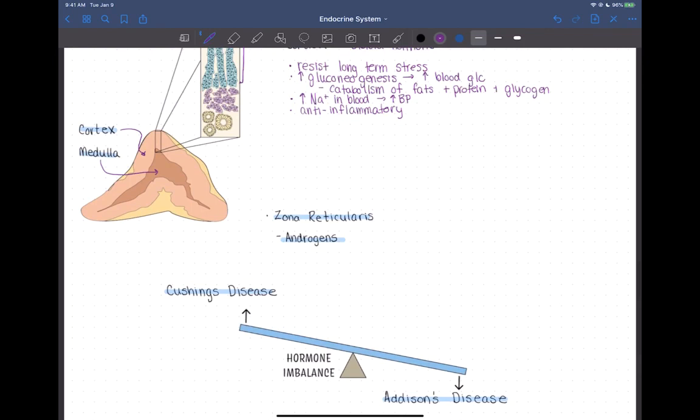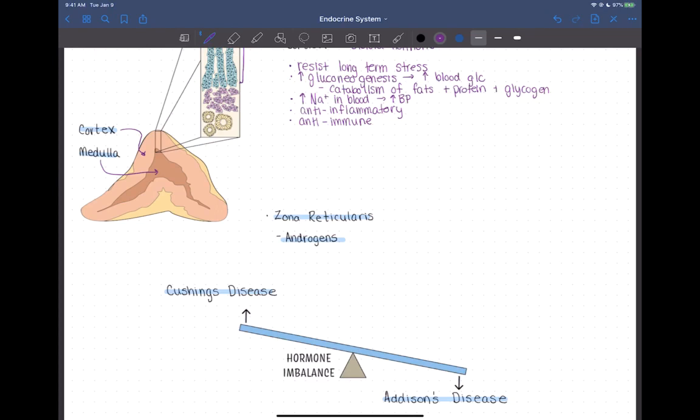Additionally, cortisol has anti-immune properties. It suppresses the immune system, and one thing it can be used for is with transplants. A lot of times they'll give cortisol injections to help reduce transplant rejection by the immune system.